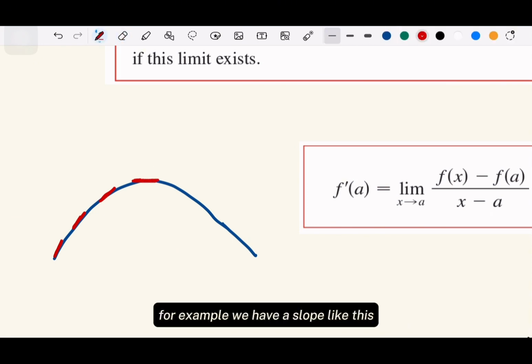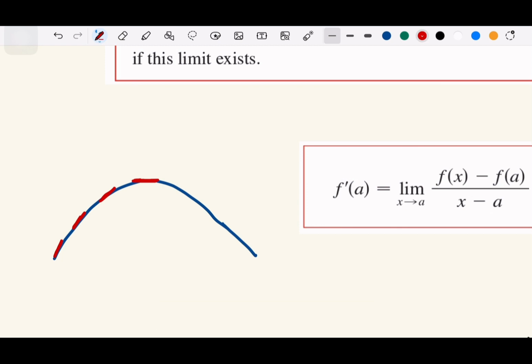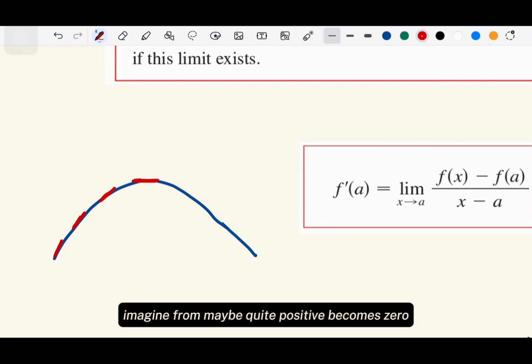For example, we have a slope like this. Okay? It's quite steep. And then the slope seems to be getting flat, right? So we could imagine it goes from quite positive to 0. And then from 0, it goes down.